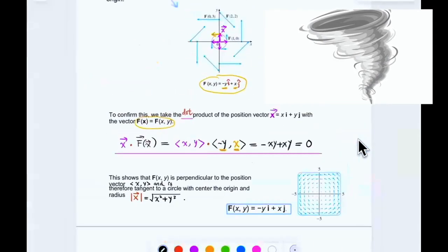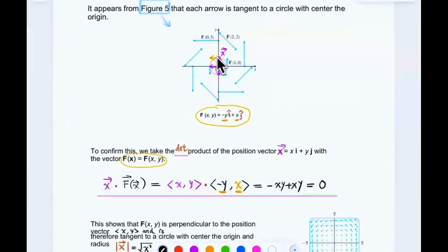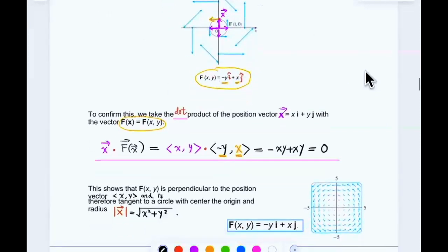Also, when it's closer to the center, closer to the origin, the magnitude looks smaller, right? And then the further away, the magnitude gets bigger, and bigger and bigger. Tornado, yeah, that's a good expression.